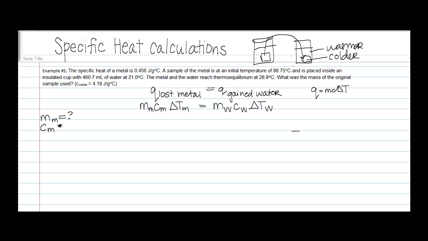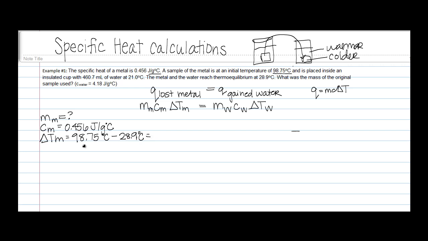Our specific heat of metal is 0.456 joules per gram degree Celsius, because remember C values are that joules per gram degree Celsius. The change in temperature of the metal started at 98.75 degrees Celsius and went down to 28.9 degrees Celsius because that's where the thermal equilibrium was.